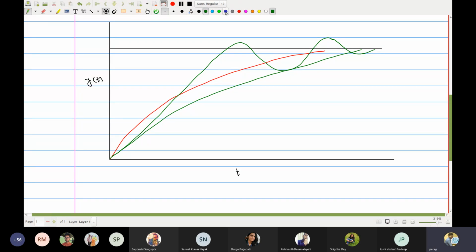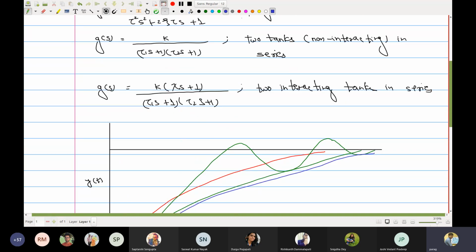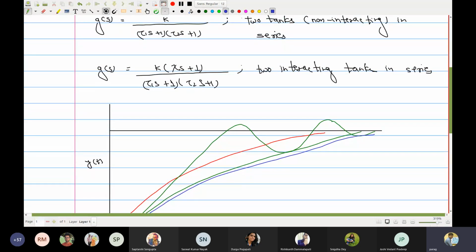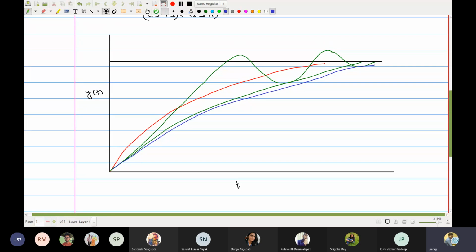Then the dynamics in series will always be slower than the first order dynamics. And then we finally found that when you have a zero in your system, as in the last transfer function, due to the magnitude of the lead term, it's possible that you go up and then you come down.